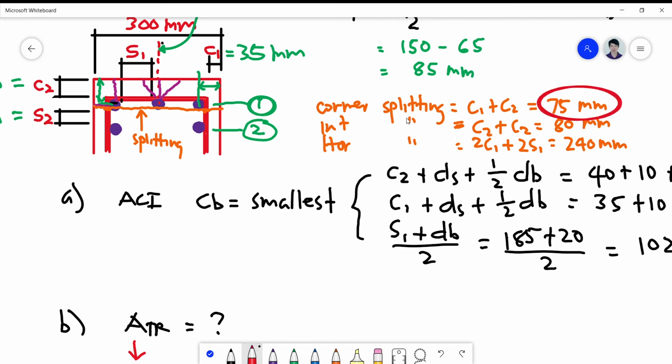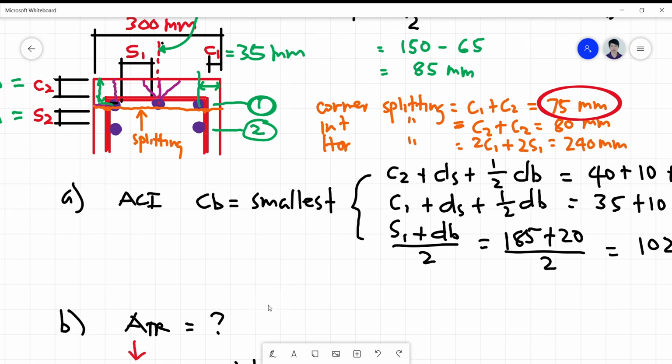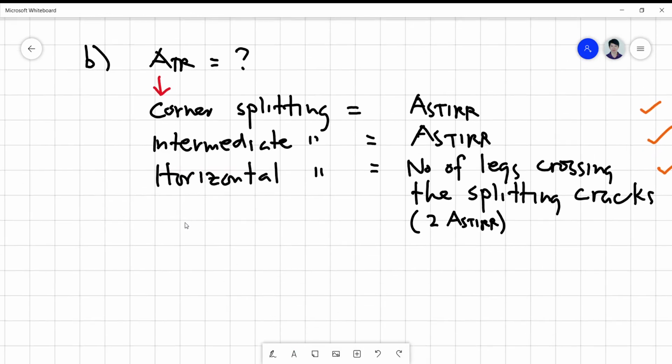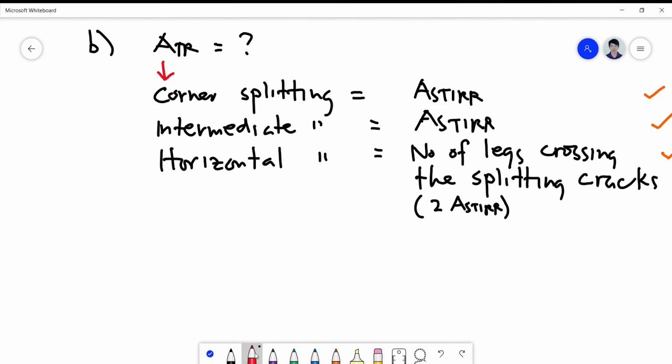And if you look at the corner splitting, the ATR there is the area of the stirrup, which is what? Pi over 4 d squared.